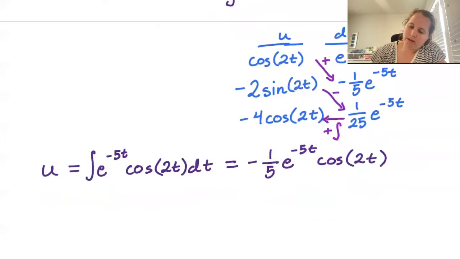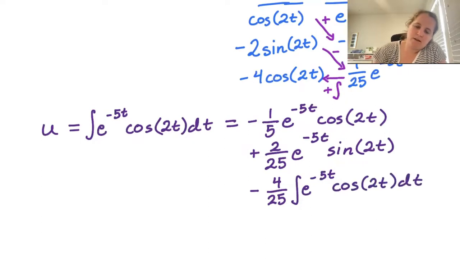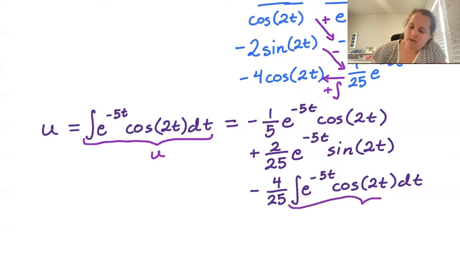Then we will have minus a negative, becomes plus 2/25 e to the negative 5t sine of 2t. And then we have plus the integral, so we'll have minus 4/25 times the integral of e to the negative 5t cosine of 2t dt. Now keep in mind that this integral is u in both places.